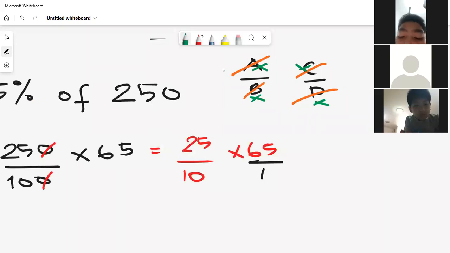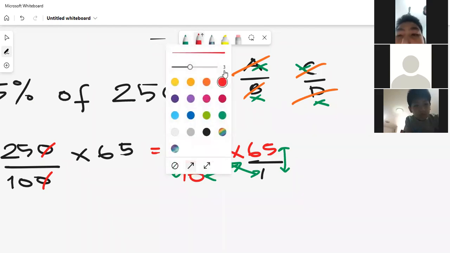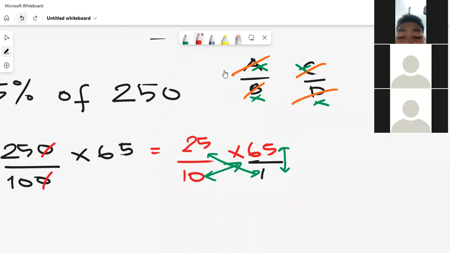So 25 and 65 cannot be cut. We can cut 65 and 10, or 10 and 25. It's up to you.